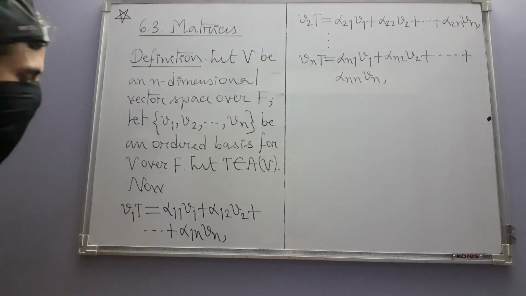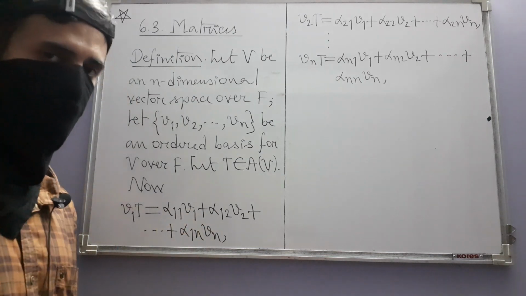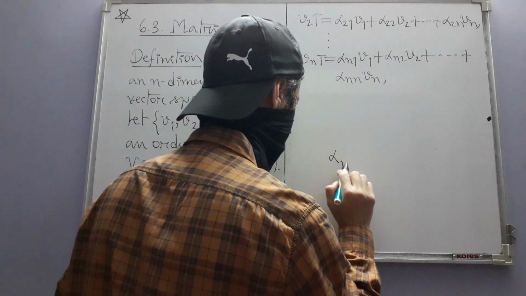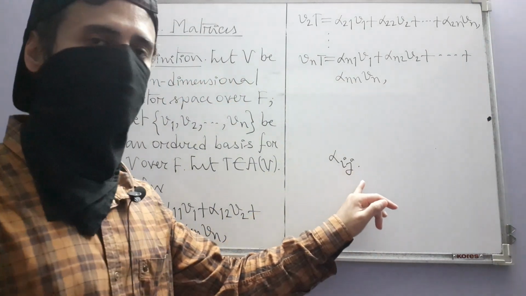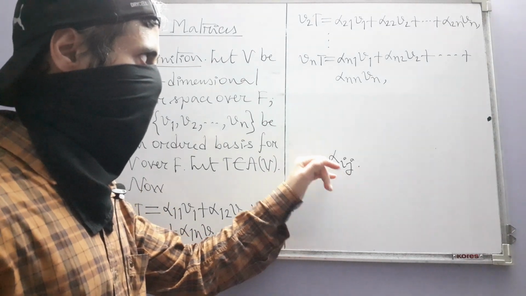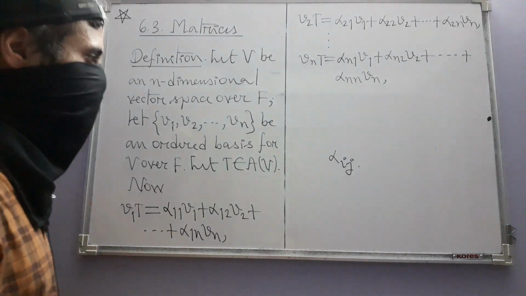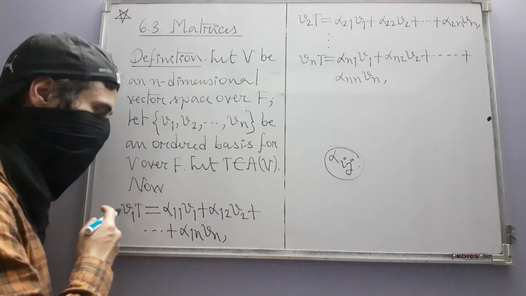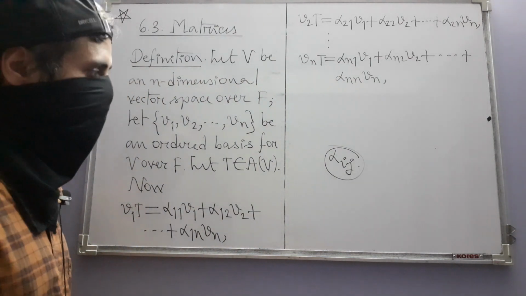So you can of course see the pattern in which we are writing the scalars. The scalars look like this: alpha ij, where it's a double suffix. I denotes the vector on which we are applying capital T, and j denotes the position of this scalar within the linear combination, that is Vit.